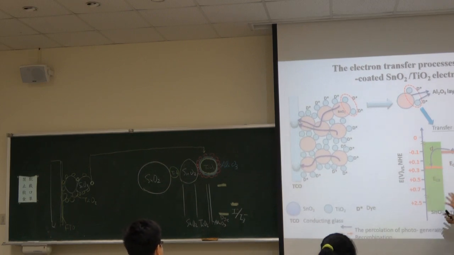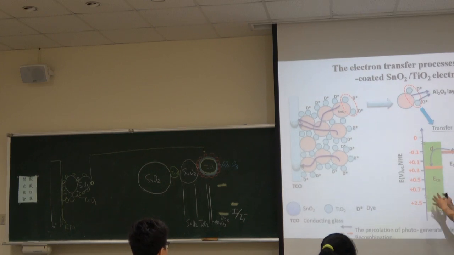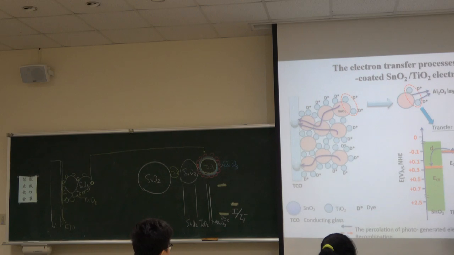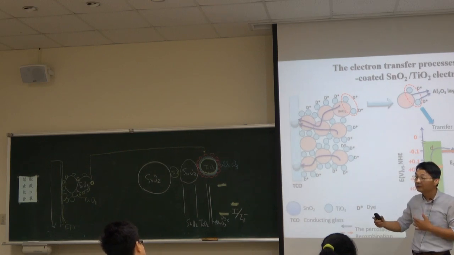Okay? And then if you use Indium-doped SnO2, that means you have ITO nanoparticle, right? Which has high conductivity. Do you understand? Which has high conductivity. But the problem is that you may ask me, Professor, Al2O3 is the insulator. How come electron can be transferred? Right?